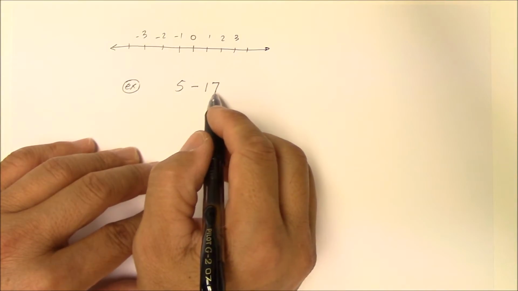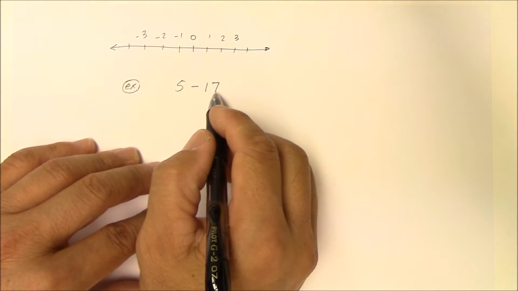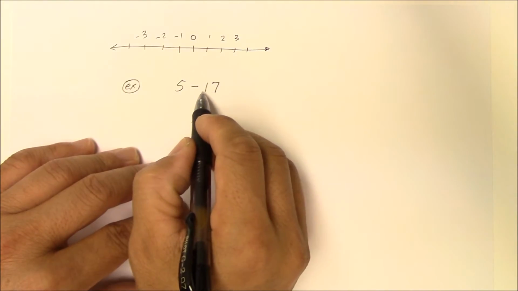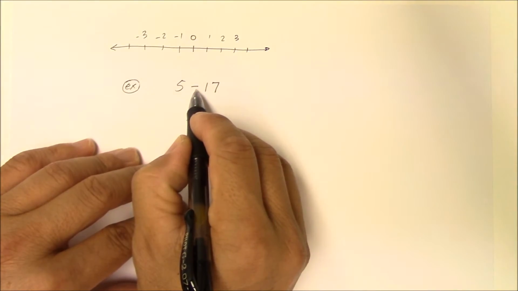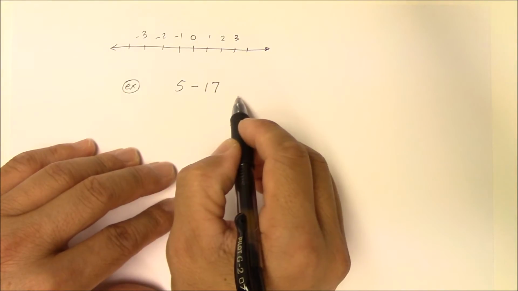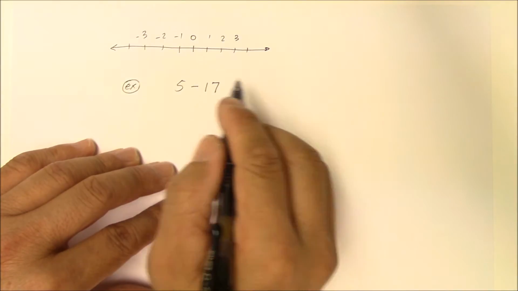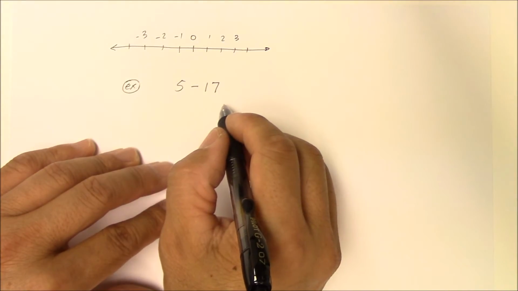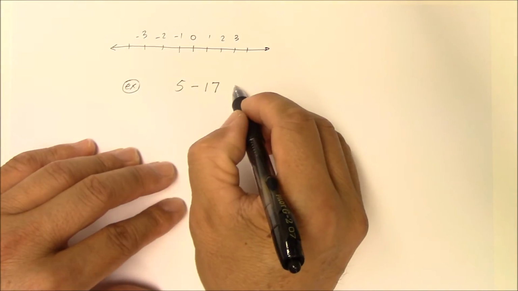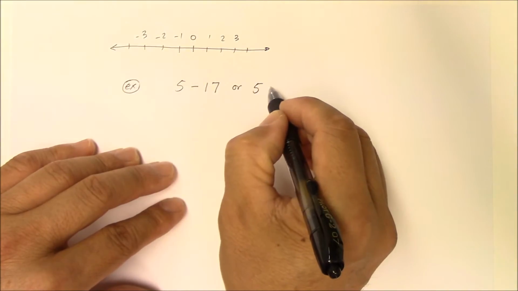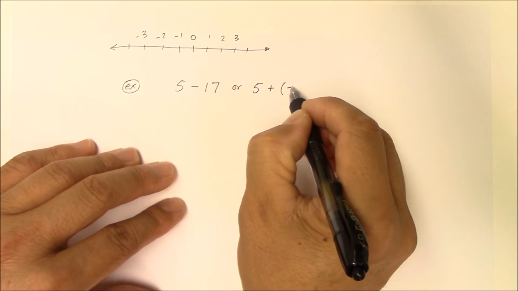When you're adding or subtracting integers, kids always ask, is that a minus or is that a negative? Well, to alleviate that confusion, let's do it this way. Let's always make it plus. So let's write it as 5 plus negative 17.